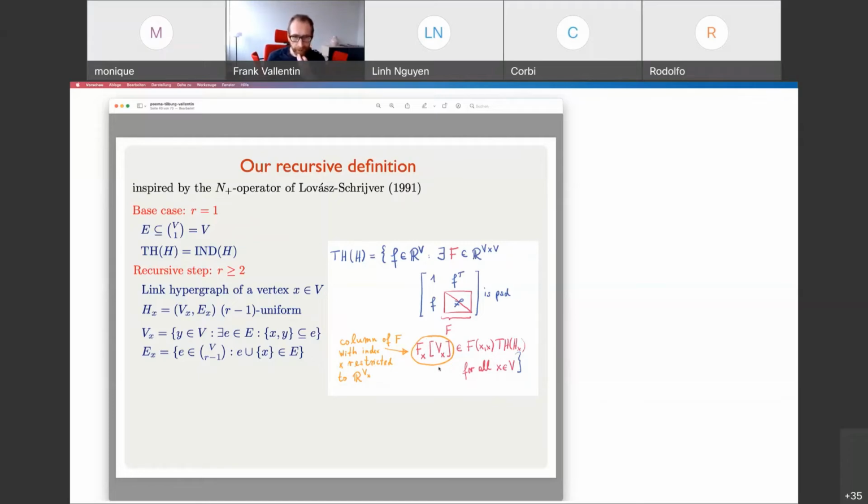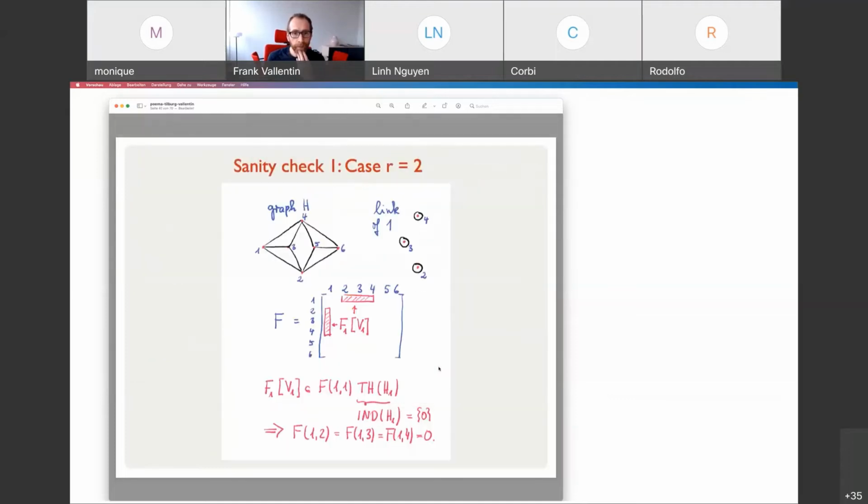All right, so that's the definition. First sanity check: what happens in the case r equals 2, so in the normal graph case? It turns out that in the normal graph case we recover the original Lovász theta body again.